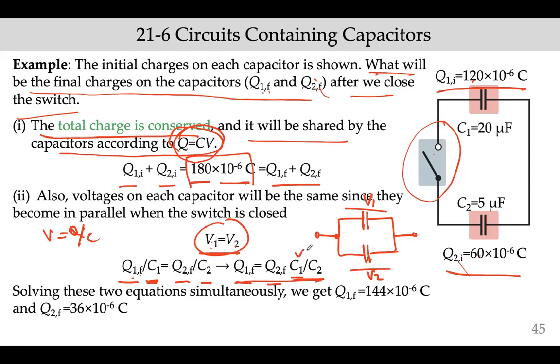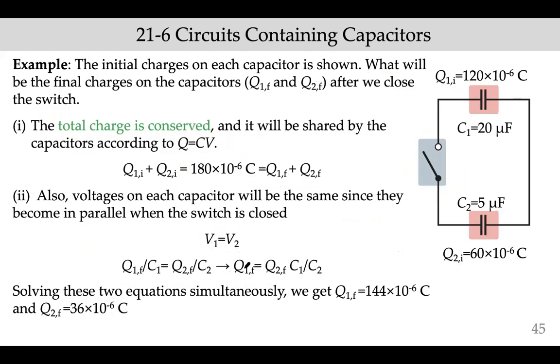We know C1 and C2, so they're not unknowns, they're known, but the unknowns are Q1 final and Q2 final. So we have 2 unknowns, and we actually have 2 equations. One equation is here between Q1 final and Q2 final. The second equation is here between Q1 final and Q2 final.